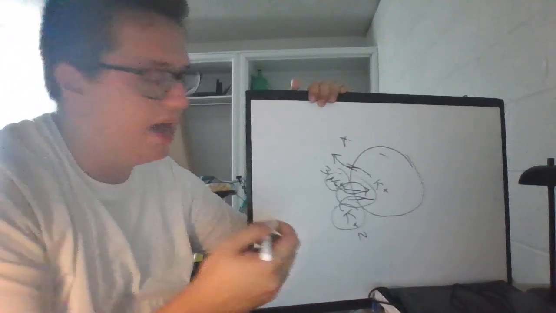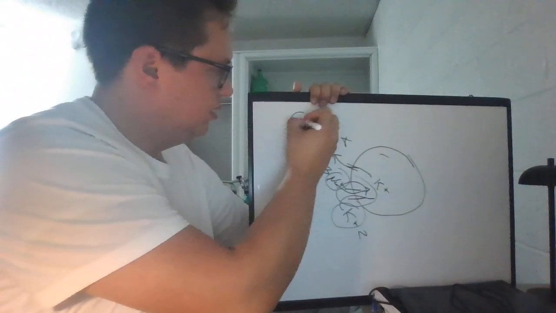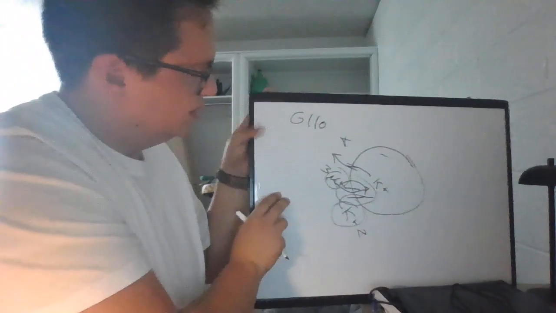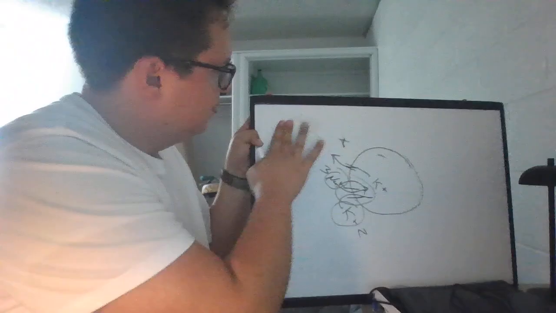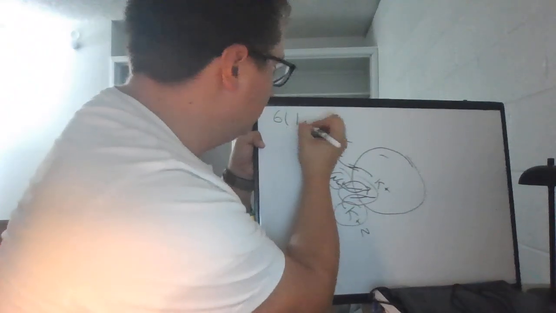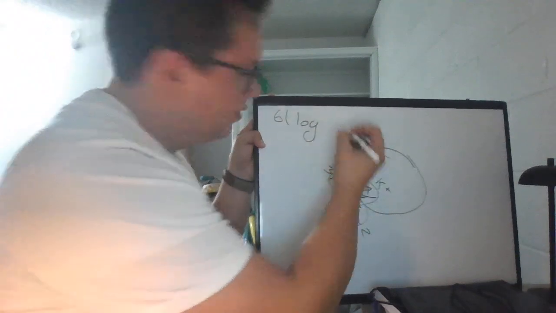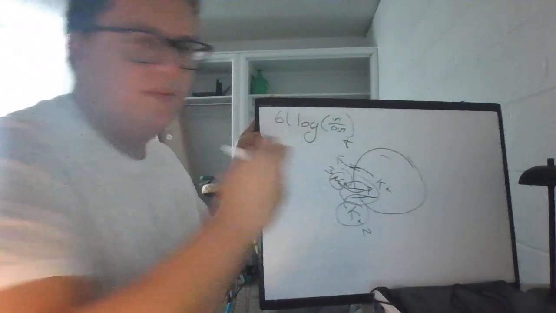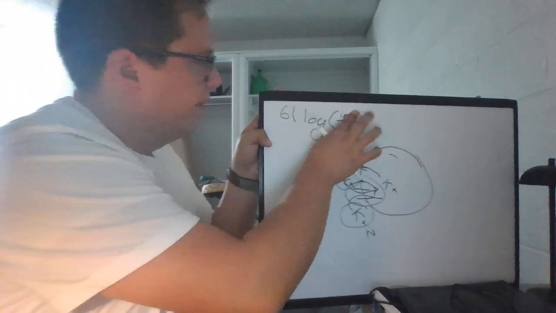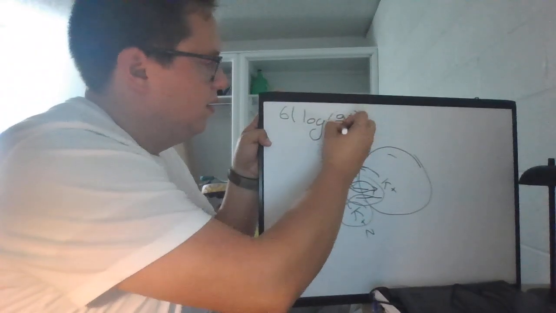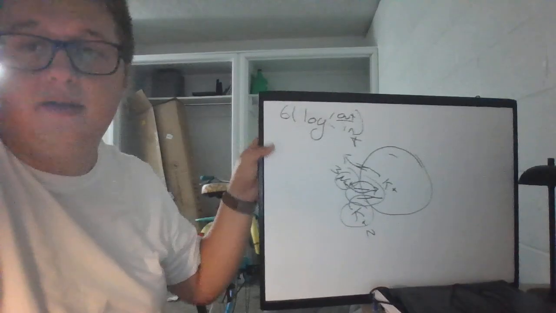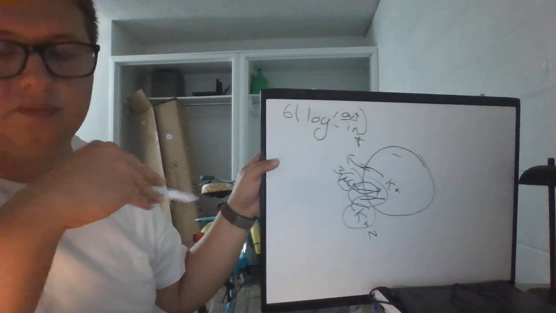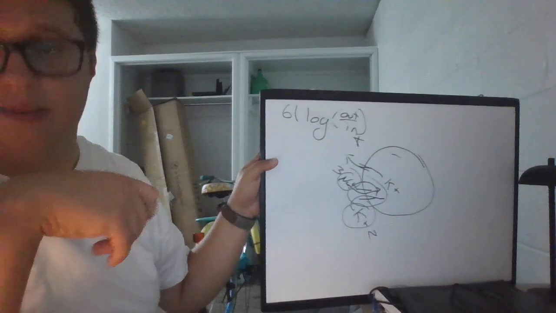The Nernst equation helps us calibrate the equilibrium potential for a single ion based on the gradient, which, simplified, Nernst equation is 61 log, and then out over in. The driving force is the difference between the membrane potential and an ion's equilibrium potential.